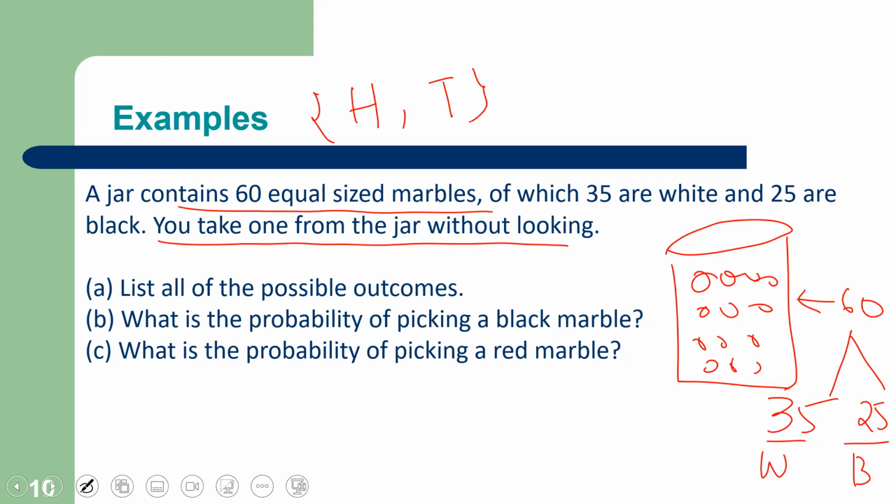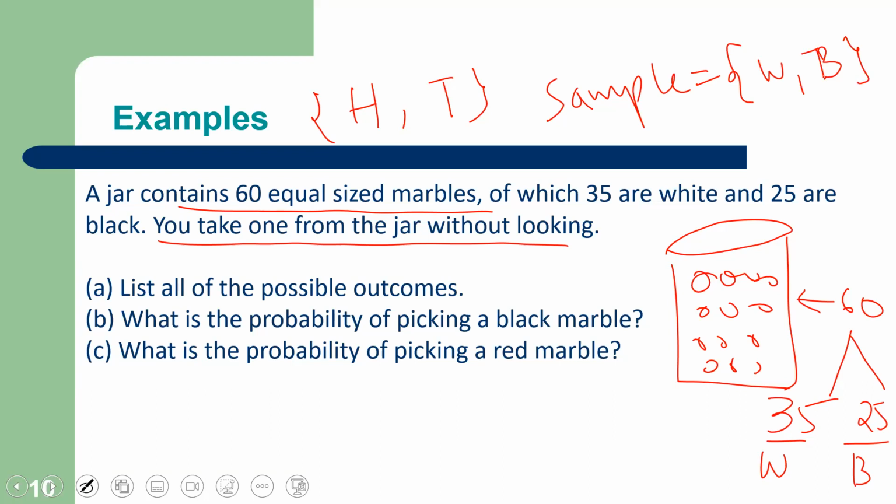What will be my sample space here? I have only two outcomes: either I pick the white ball or I pick the black marble. W or B are the only possibilities.